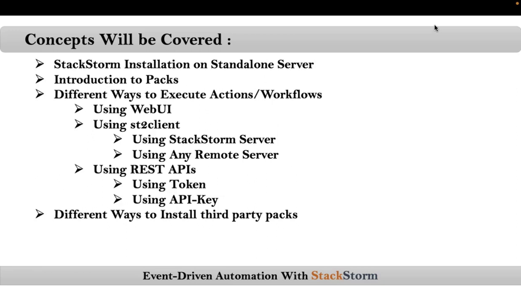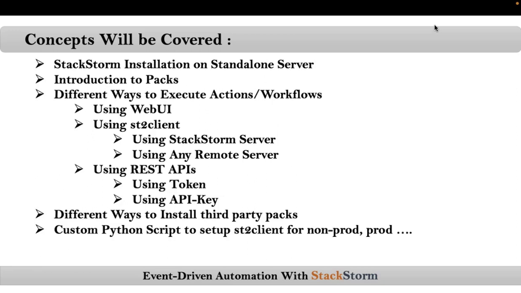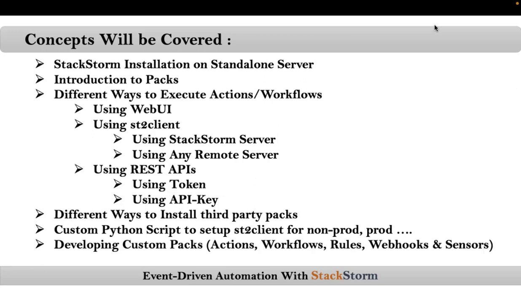We already have a number of packs available with StackStorm, and we can install those packs for our automation and integration purposes. Again, there are different ways to install, and we will see that. Then I will provide a simple Python script to set up the st2 client on a remote server, in case you have multiple environments for your StackStorm. Finally, we'll go with developing custom packs, which is very important.